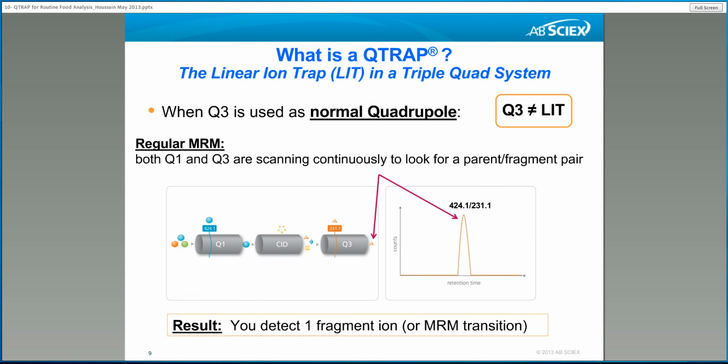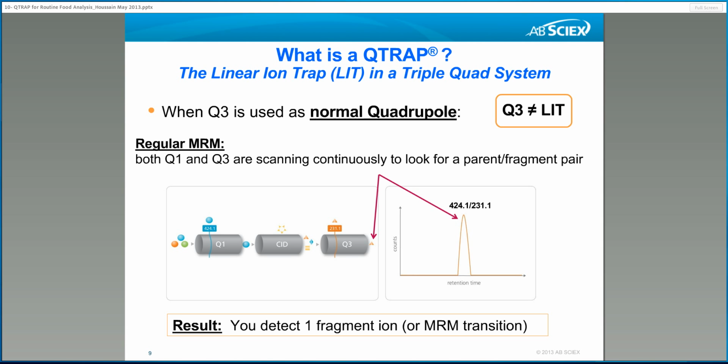When Q3 is used as a normal quadrupole mass analyzer, the QTRAP system can be used as a regular triple quadrupole system and can also do regular MRM functions. In this case, the parent ion is selected in the first quadrupole Q1, dissociated in the collision cell Q2, and then a particular daughter fragment is selected in Q3 and detected.